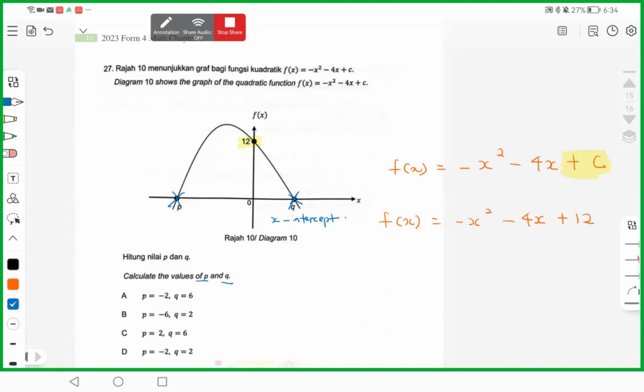So what we need to do is just key into the calculator. a is -1, b is -4, c is 12. And we got the answer.